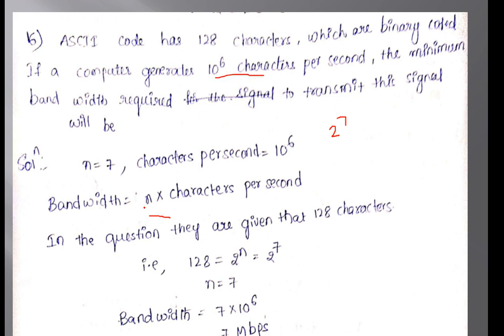Substituting n equal to 7 and characters per second as 10 to the power of 6, where 10 to the power of 6 indicates megabits, and bandwidth is measured in bits per second. So the bandwidth is 7 into 10 to the power of 6, that is equal to 7 megabits per second.